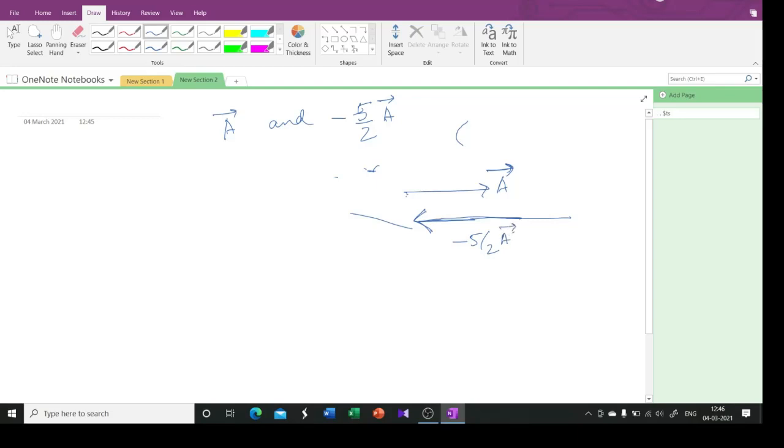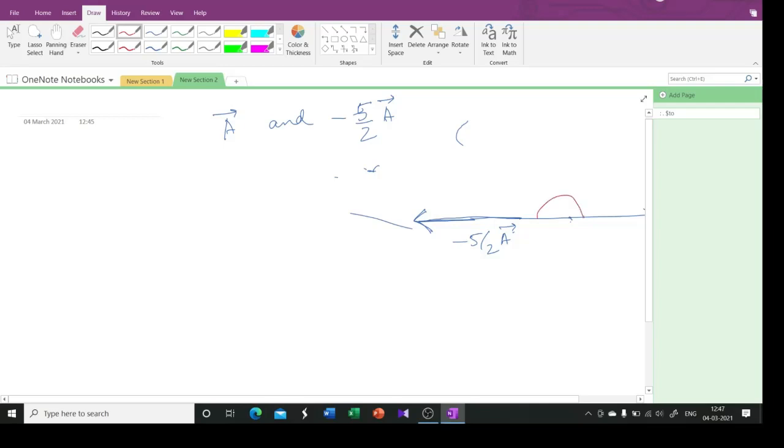So what we do is we bring them tail to tail or head to head, either way. So we take this vector here, and then bring it here at the end of this. So now tell me what is the angle between them.